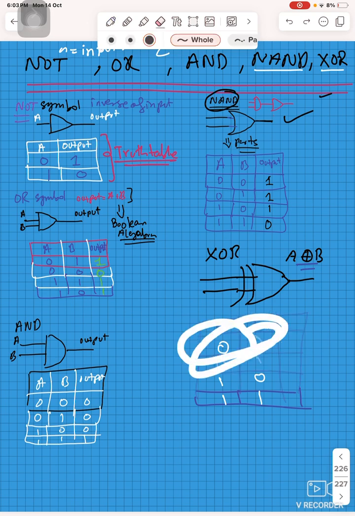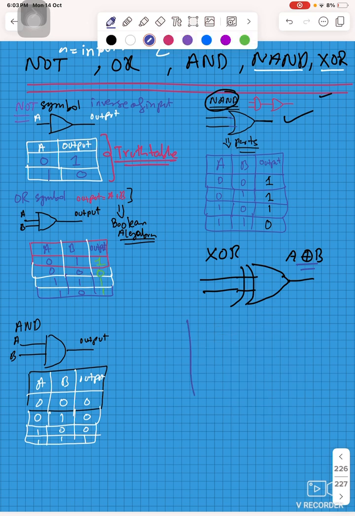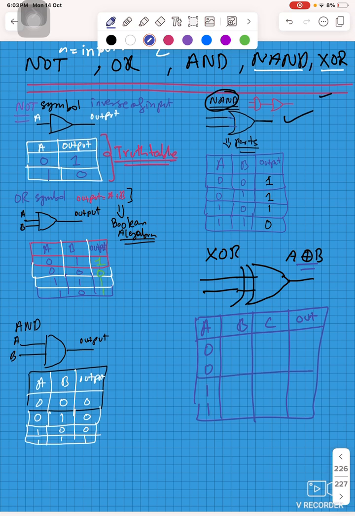For one more thing, I'll make a truth table for three inputs so that we can see the difficulty, this being the last gate we'll study. A, B, C, out. 0 0 1 1, 0 1 0 1, and 1 0 1 0.